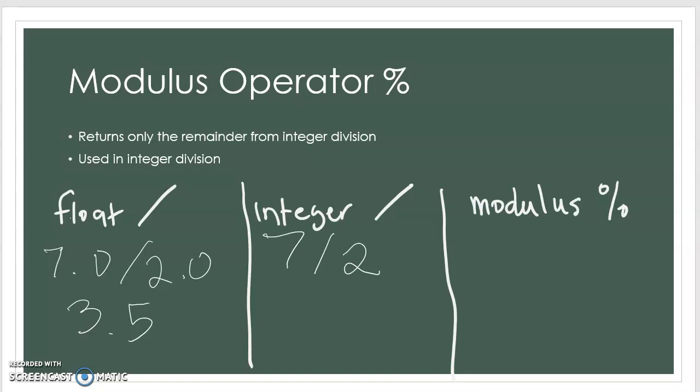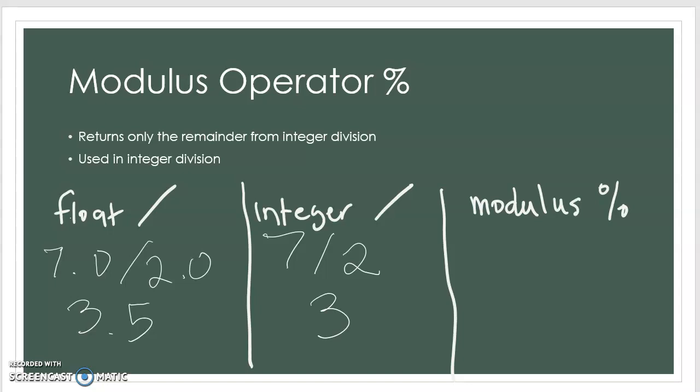Integer division is dealing with only whole numbers, or 0. So the quotient can only be a whole number. It cannot have any decimals. So 7 divided by 2, where the quotient is only a whole number, well, 2 goes into 7 3 whole times. Okay? 3 whole times.